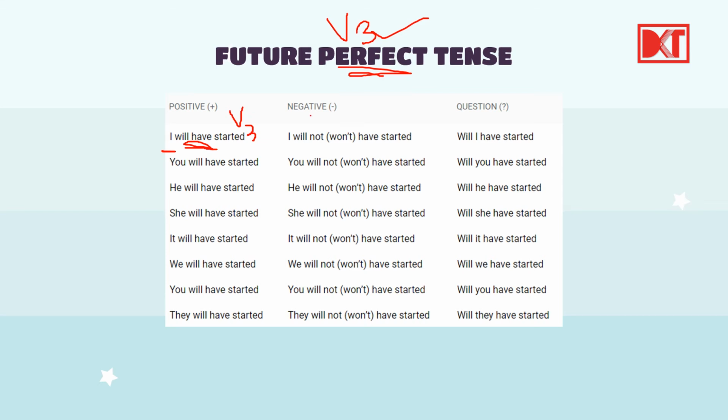Then for negative, the subject plus will not or won't have, and then again the V3 form. Then for a question, will plus the subject plus have plus V3. Alright, so this is valid for all the persons and all categories of questions or positive or negative sentences.